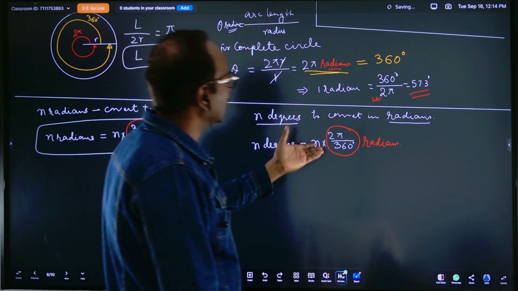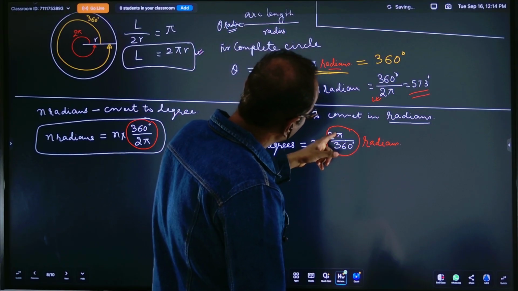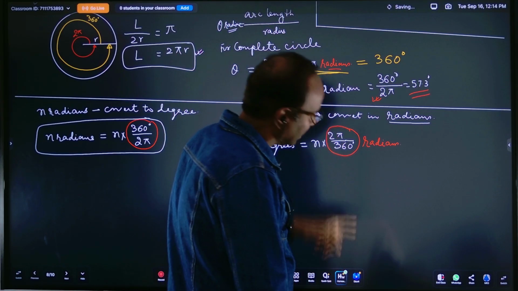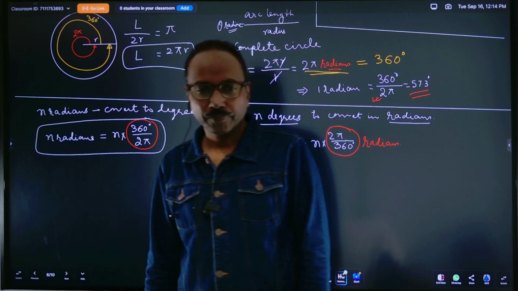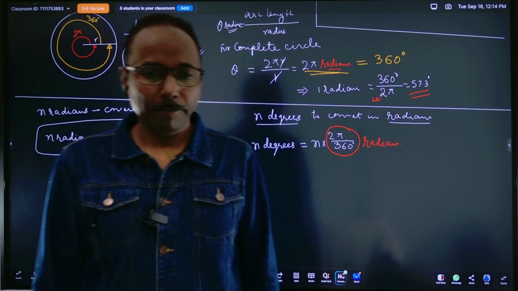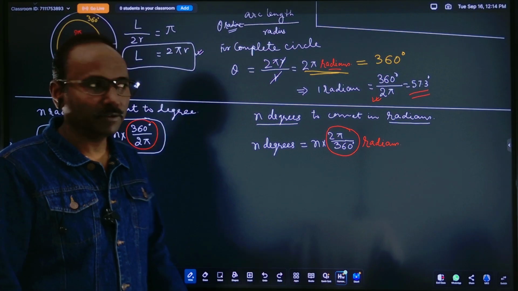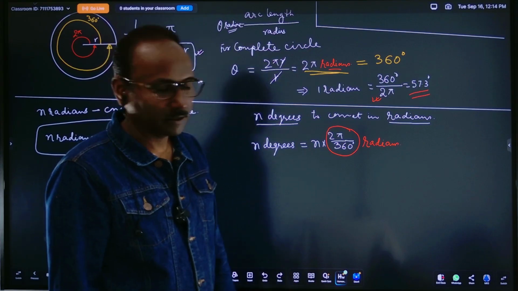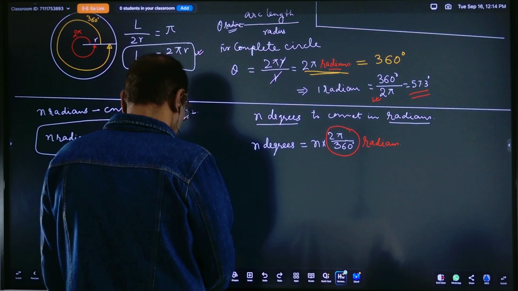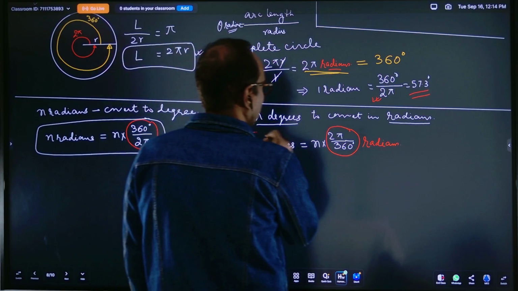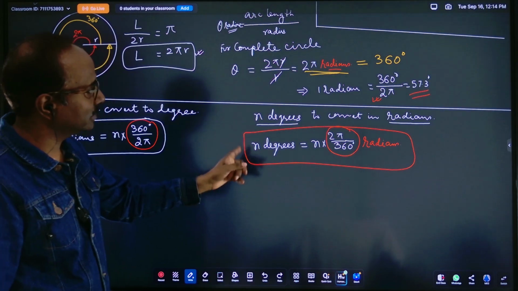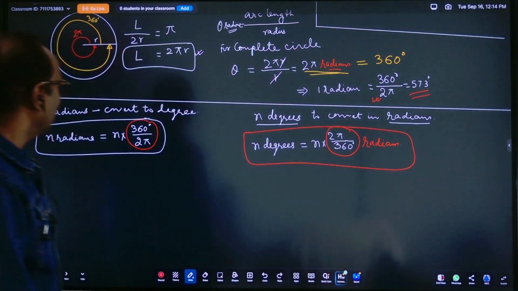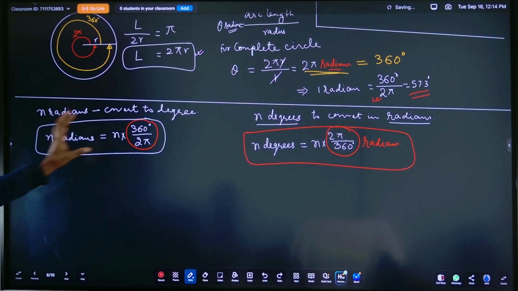Some people may prefer to cut that 2 pi by 360 to pi by 180 degrees. So it is up to you which way you want to handle it. So this is for conversion from degrees to radians, and this one is from radians to degree.